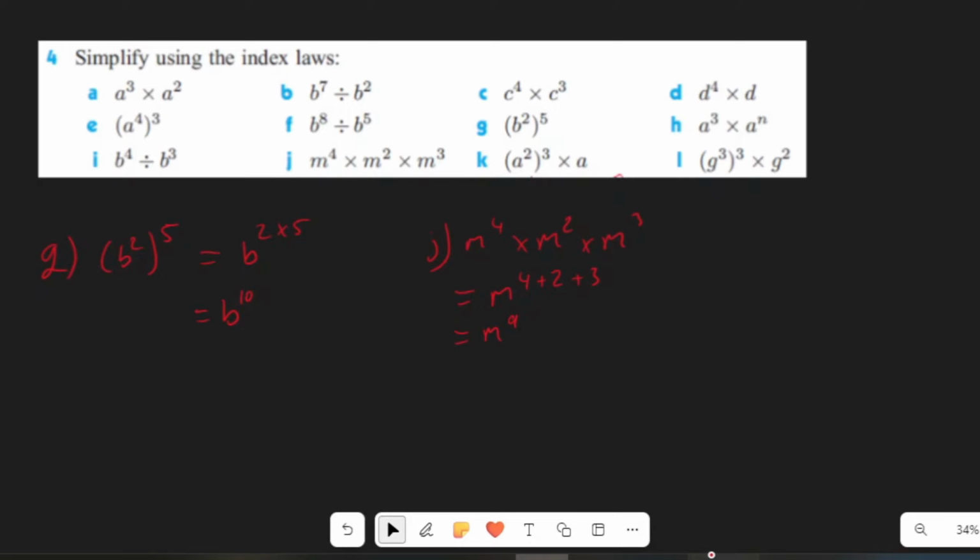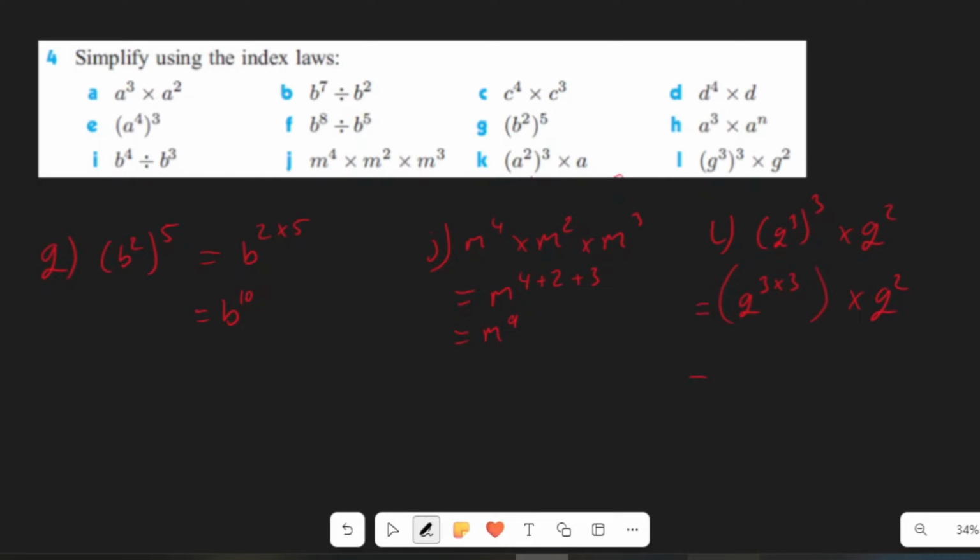Let's do one final one. Let's do L. For L, we have g cubed, to the power of 3, multiplied by g squared. So to do this, let's start off with g cubed to the power of 3. That's the same as g to the power of 3 times 3, and that is multiplied by g squared.